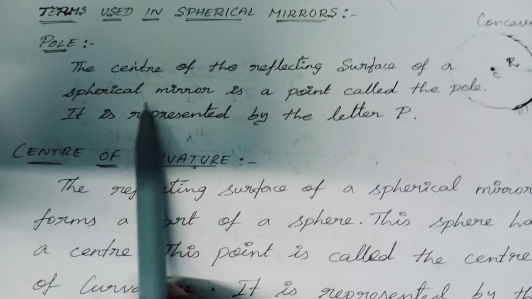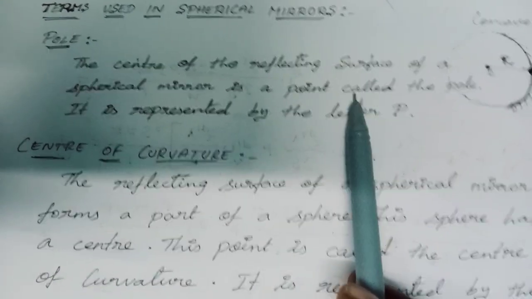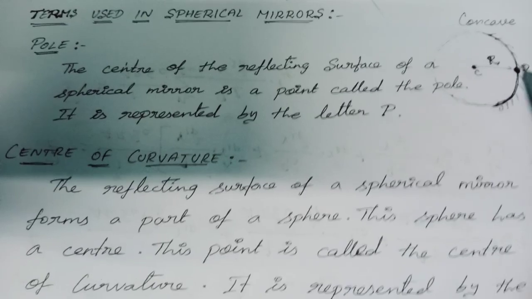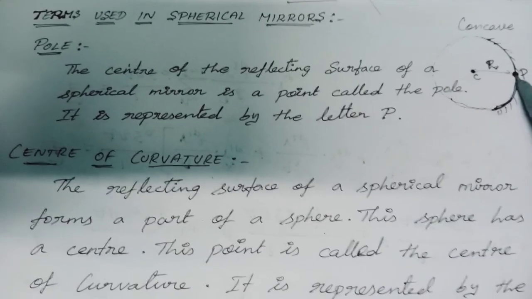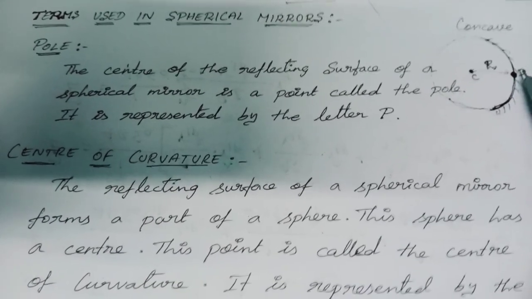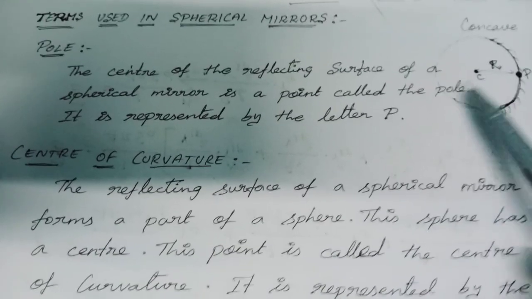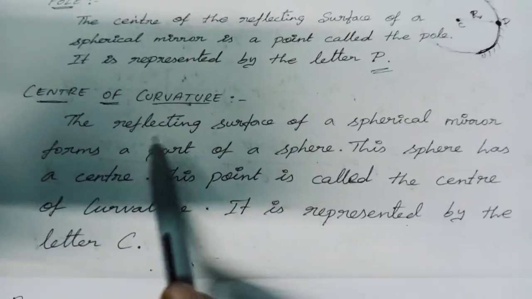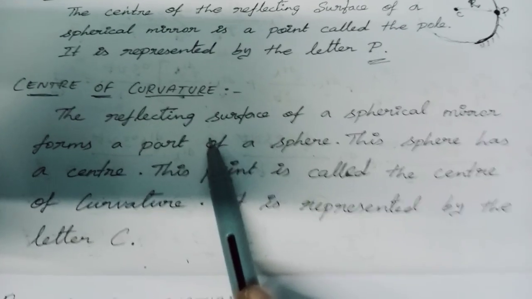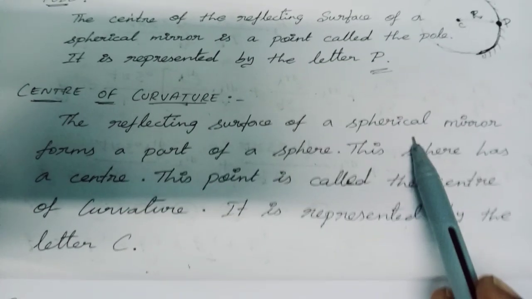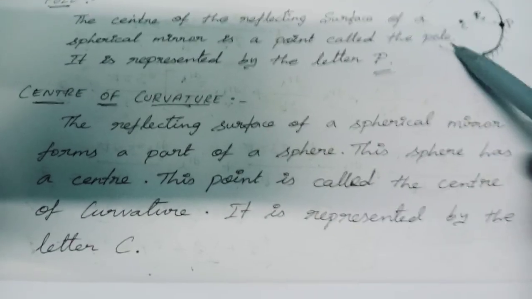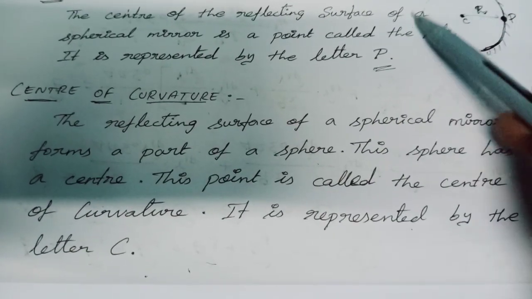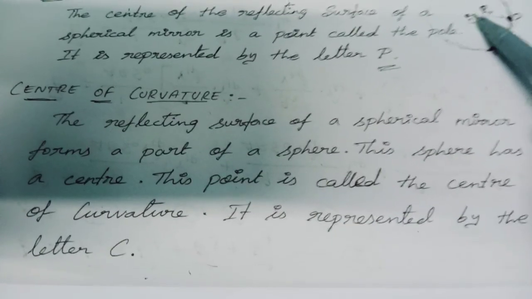From the beginning, the first definition is pole. It is the center of the reflecting surface of a spherical mirror, represented by the symbol P. Next, the center of curvature. The reflecting surface of a spherical mirror forms a part of a sphere, and this sphere has a center.